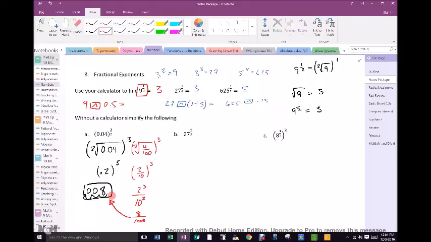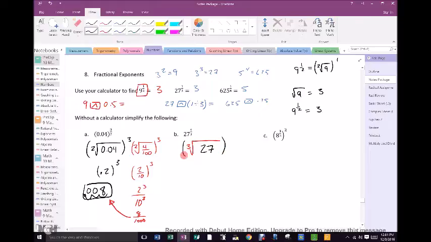So looking at this next one, it makes no sense. You can't take 27 and multiply it by itself 4/3 of a time. So we have to do the only thing that makes sense, which is take the denominator and make it what? The index. What's the radicand? 27.